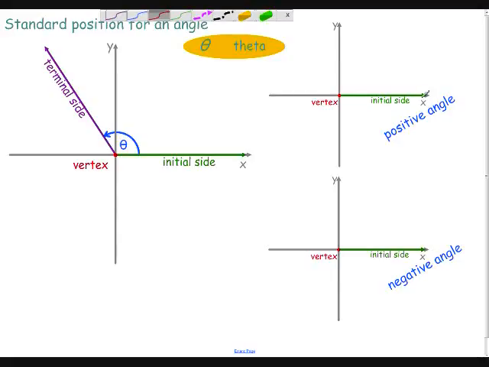We have our initial side right here. If I want to describe a positive angle, I'm going to move counterclockwise, exactly the opposite of the way a clock moves its hands.